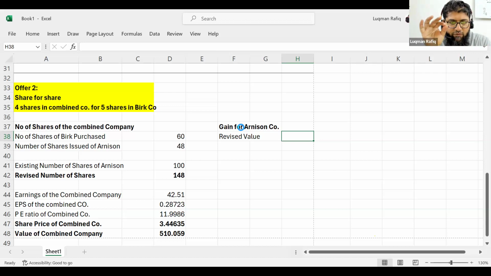The Arnison company shareholders have 100 million shares out of 148 million.